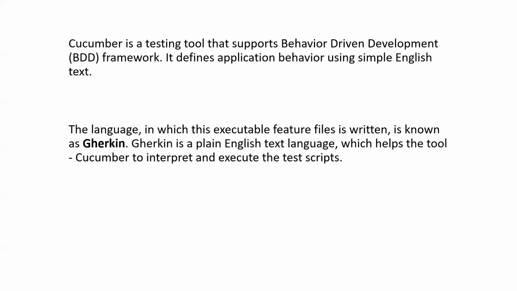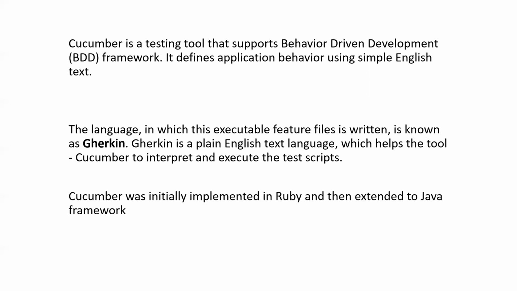It means the scenario and feature file we are going to use, we need to write in the Gherkin language. This will provide some syntax, and using that syntax we will write the scenario. Cucumber was initially implemented in Ruby and then extended to the Java framework.